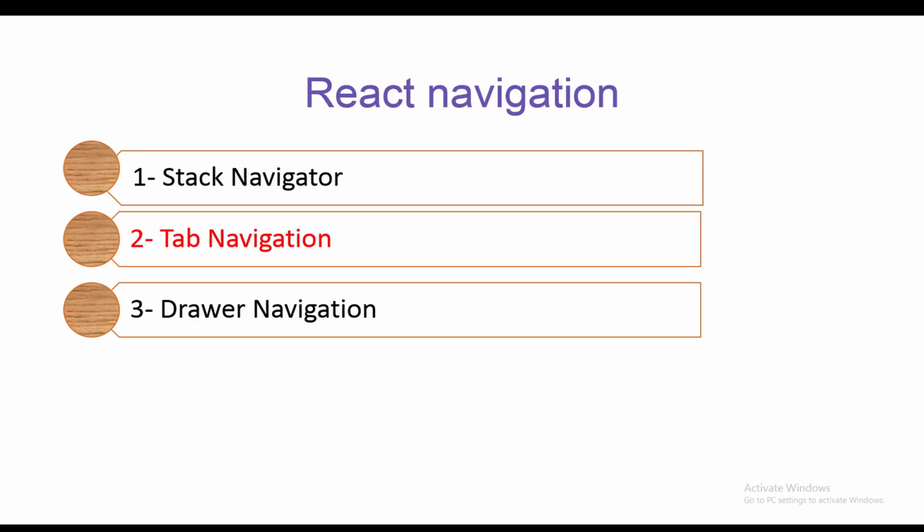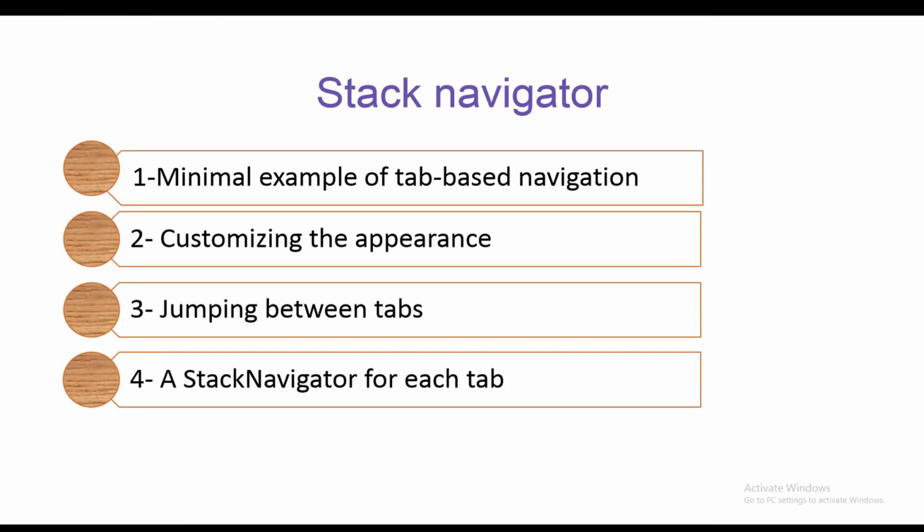In this video, we have 4 examples on how to work with tab navigation. Let's see what you will learn in this tutorial. First, a minimal example of tab-based navigation, which is a simple example of how to use tab navigation.